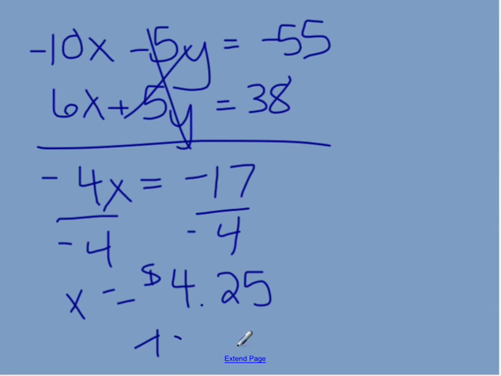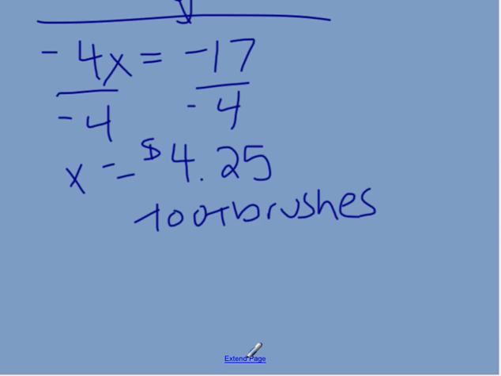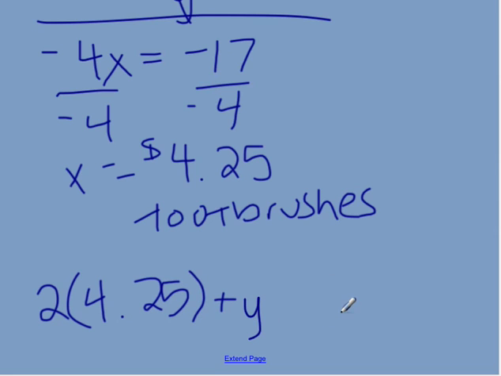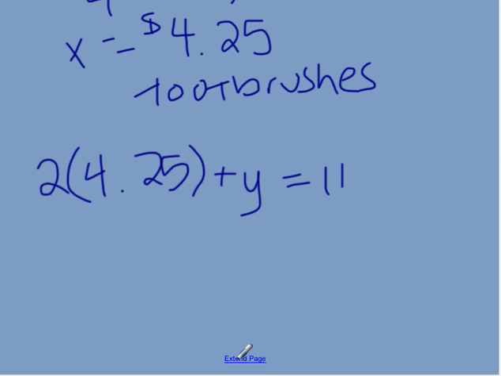Now remember that x represents toothbrushes. So I want to make sure that I somehow let whoever's looking at it know that that's the price for toothbrushes. One of our original equations was 2x plus y is equal to 11. So what I'm going to do is take that x out and put 4.25 in instead, then plus y is equal to 11. So 4.25 times 2 is going to give me 8.5 plus y is equal to 11.